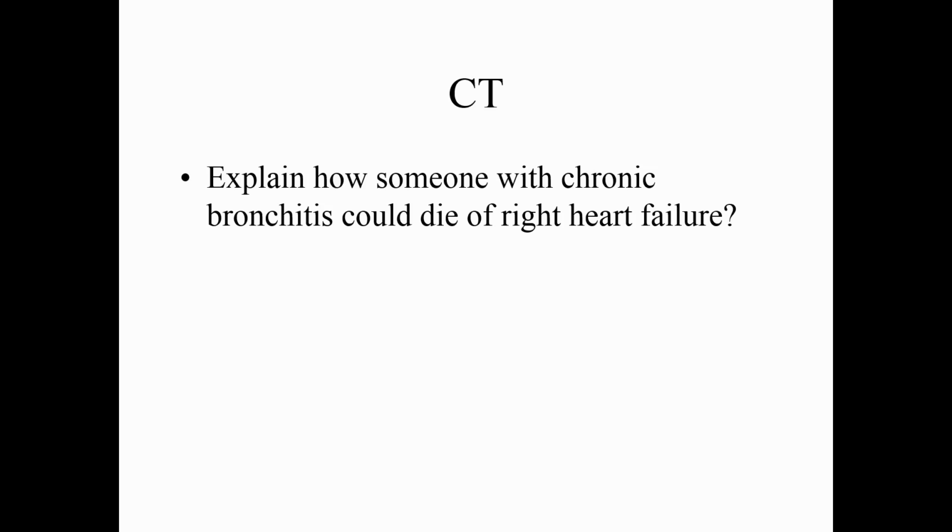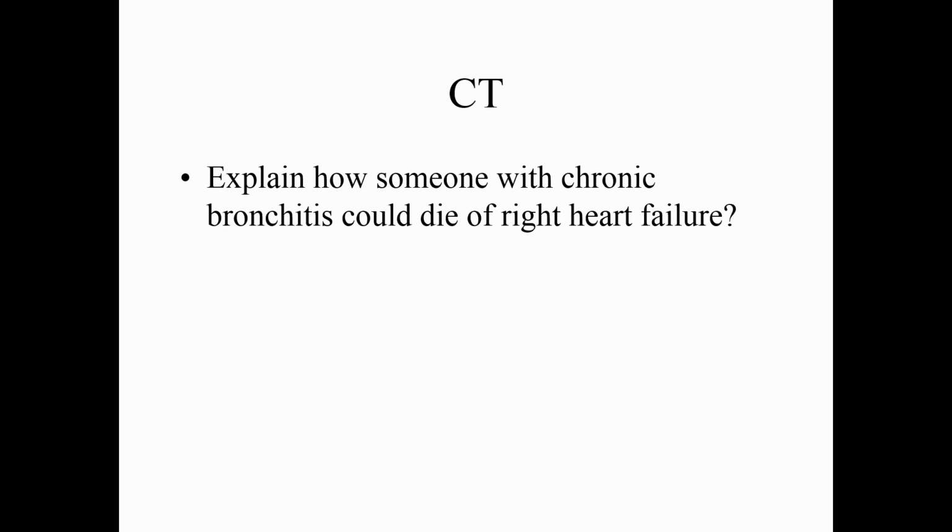So something that I really hope everyone can come away with is that you have chronic bronchitis. You have difficulty oxygenating. Remember, you're a blue bloater. And so you have oxygen levels that are less than 60 millimeters of mercury, and you have CO2 levels that are really, really high.